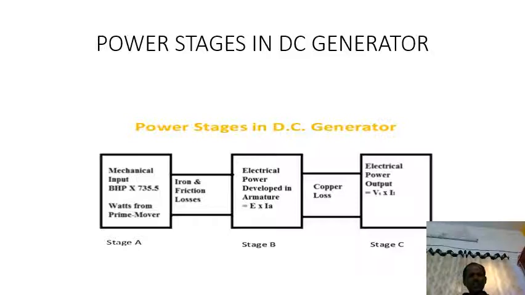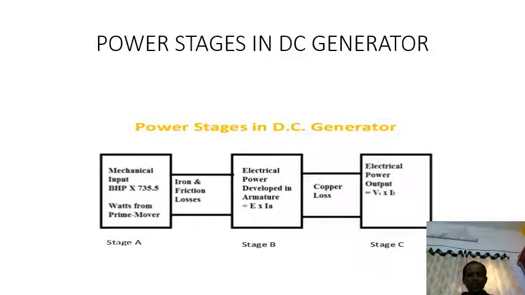The principle of a DC generator is to convert mechanical energy into electrical energy. The input of the DC generator is mechanical energy from a prime mover, and the output is electrical power.